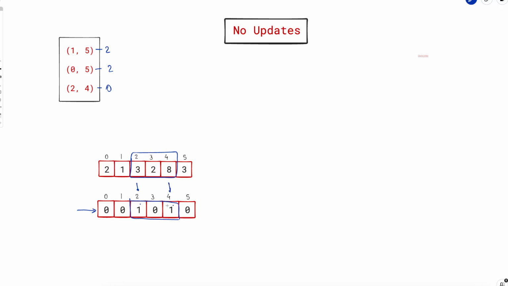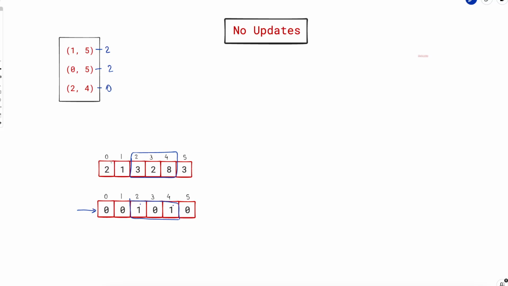And what will change for the first and the last element is the fact that they can never be 1. So if they were already 1, you will not consider it, you will consider them as 0. In other words, instead of taking the sum in the range L to R, you can take the sum in the range L plus 1 to R minus 1, and that will for sure give you the correct result.